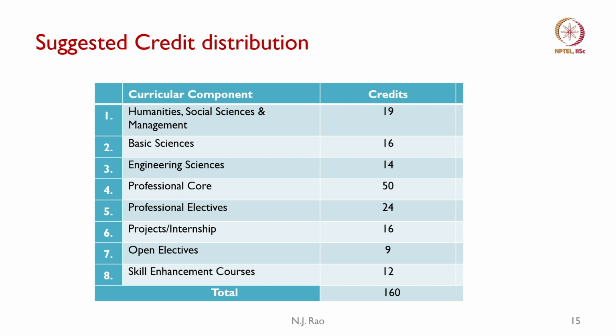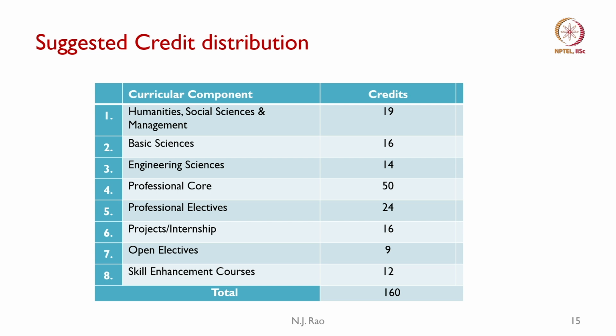Professional electives, we are making it 24 to give more choice to the students in terms of the way they want to plan their careers. Project and internships, all types of projects and internships, about 16 credits. We'll suggest a solution for 16 credits. Open electives, 9. Skill enhancement courses, 12 credits.